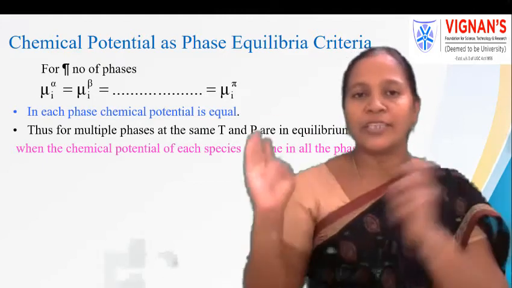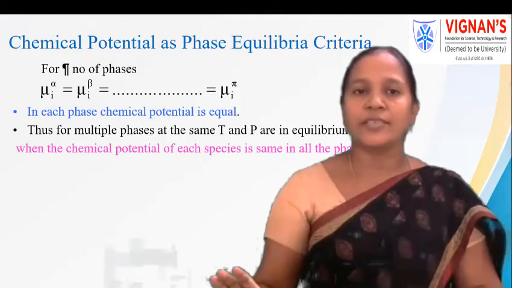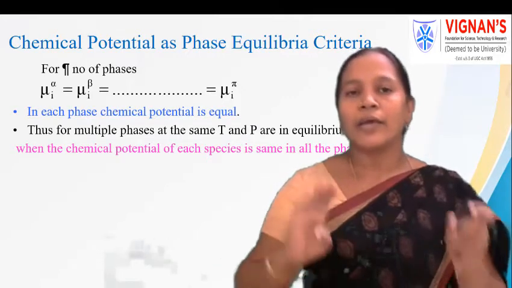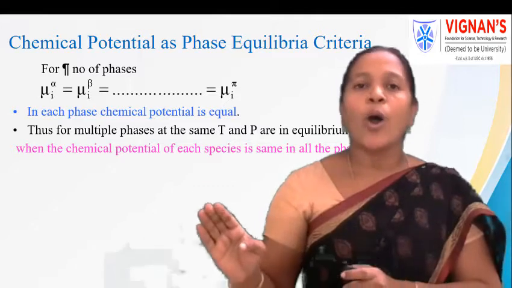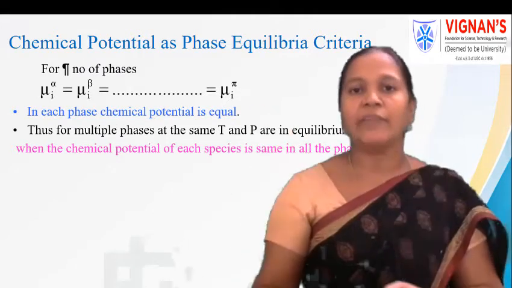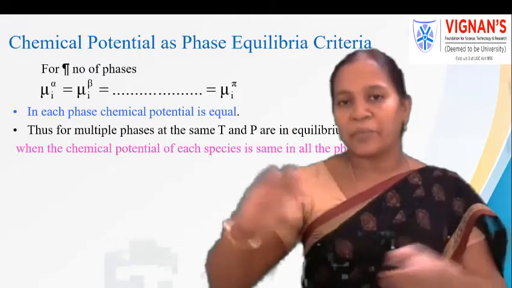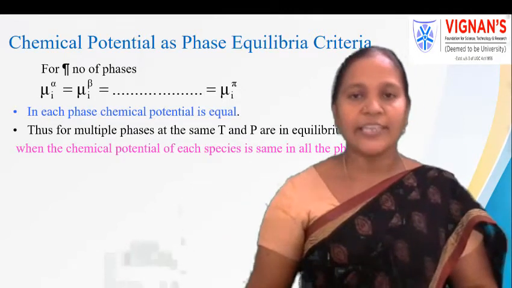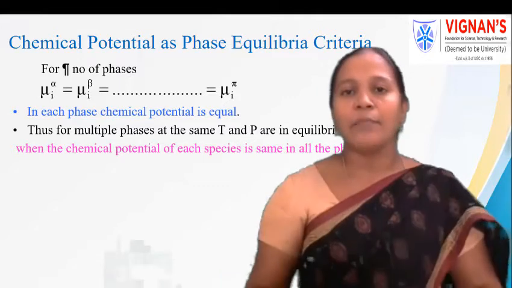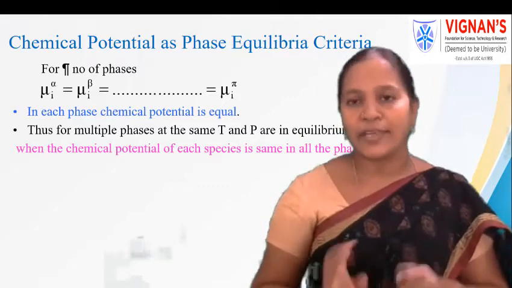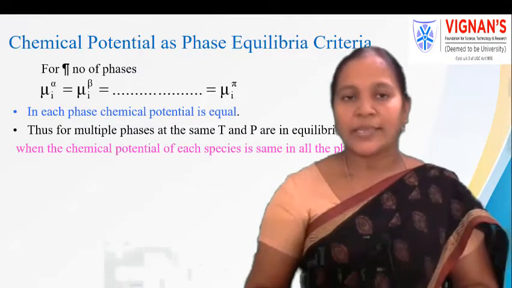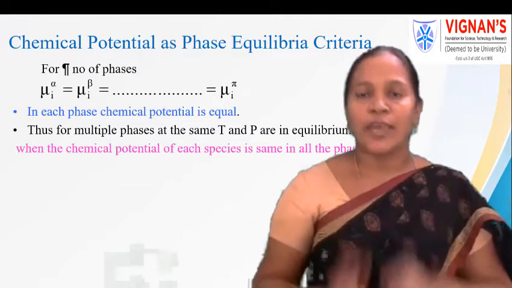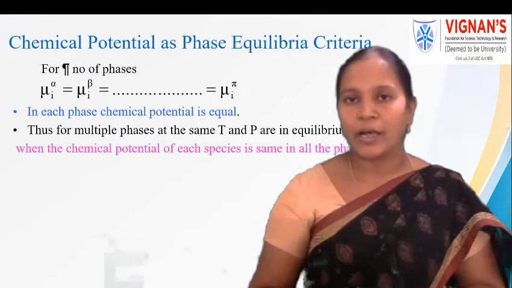Therefore, for multiple phases, all phases are in equilibrium at the same temperature and pressure when the chemical potential of each species is the same in all phases. This is the conclusion of chemical potential as phase equilibrium.